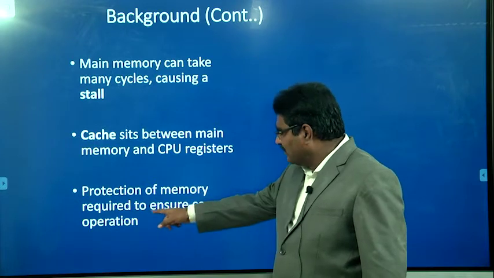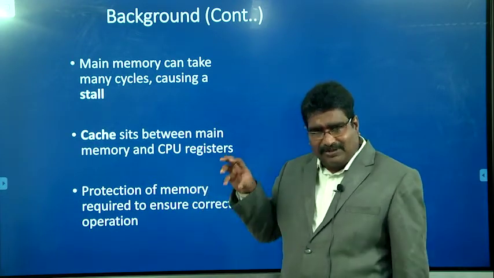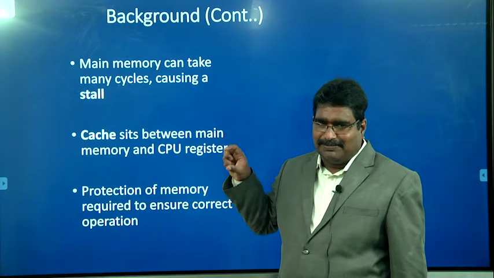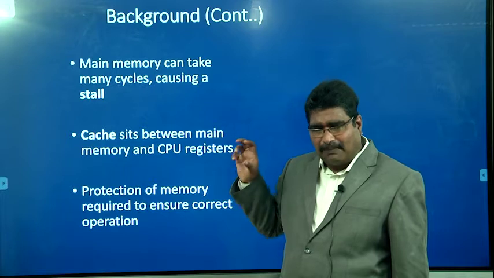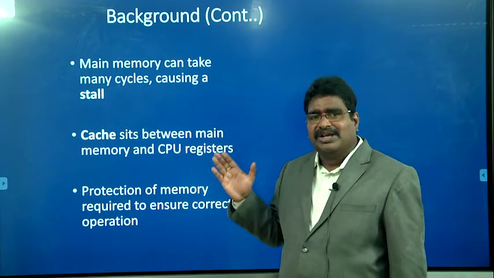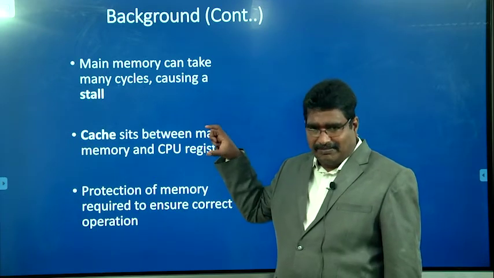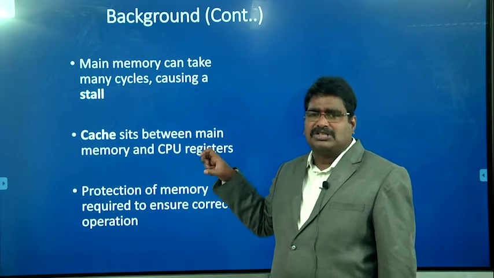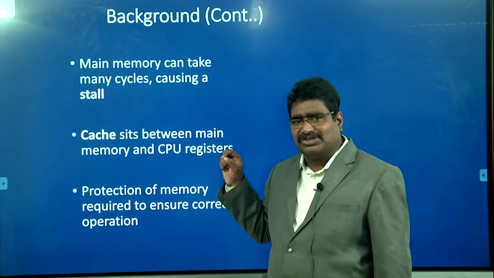Protection of the memory is required to ensure correct operation, that is, for every process a fixed memory is allocated, consisting of the process-related instructions as well as the data and its stack pointers. Already in the first unit we discussed that for every process the operating system allocates memory. A process is only allowed to access its allocated memory locations.